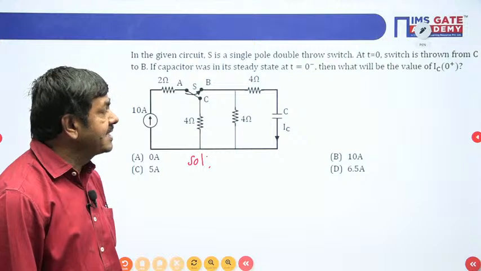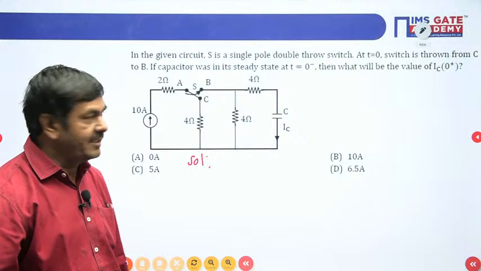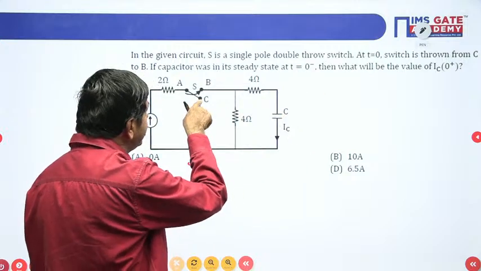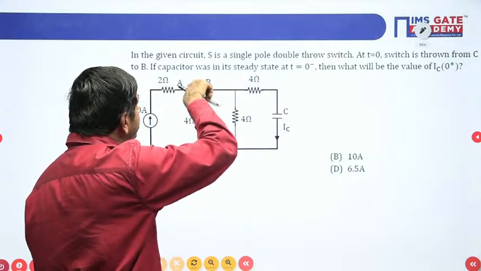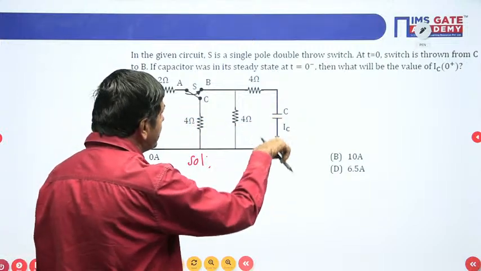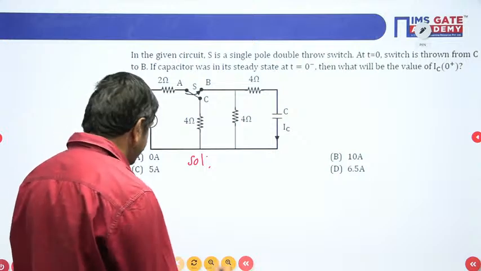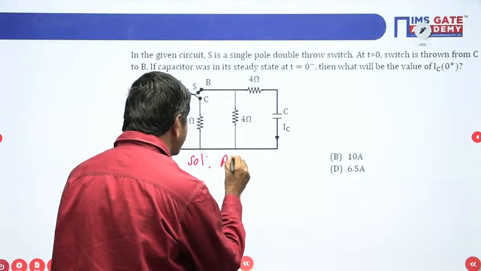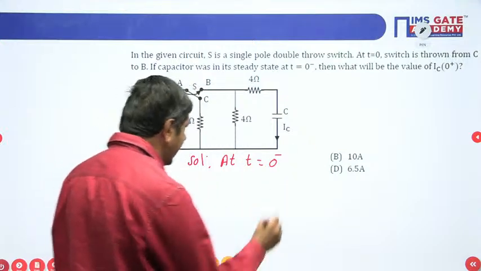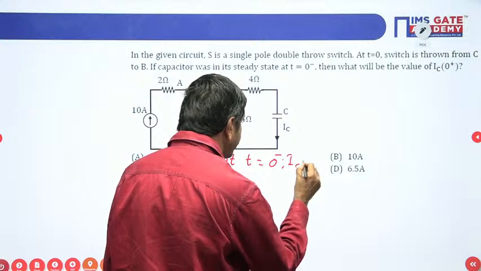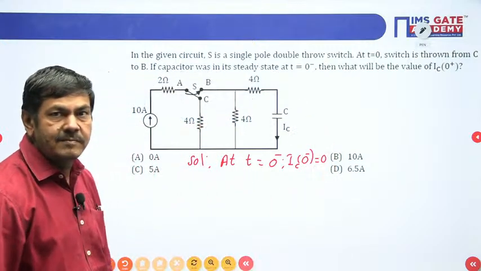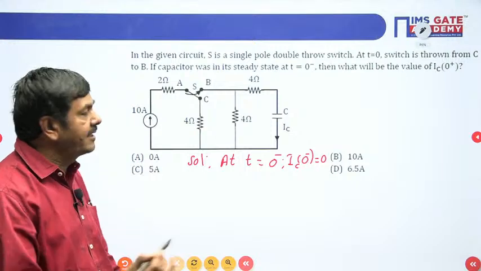At that time, IC of 0 minus becomes 0 amperes only, because initially it is at the point of C. If it is at the point of C, the current passing through the capacitor is taken as 0. I can write at t equal to 0 minus, IC of 0 minus is equal to 0 only. It doesn't flow any current.